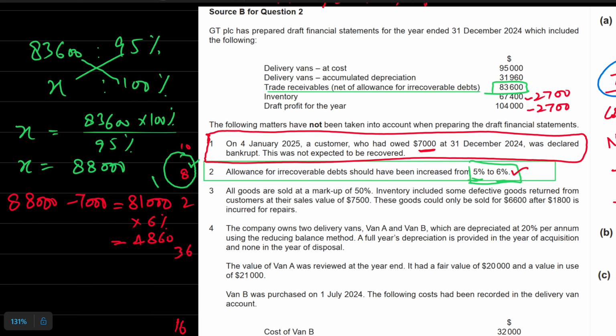So students, the provision for doubtful debts applied in the question was 88,000 minus 83,600. 88,000 was the full amount. 83,600 is the amount given after provision. So this was 4,400.